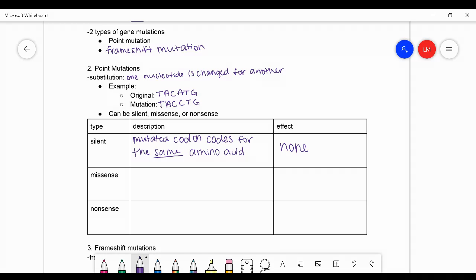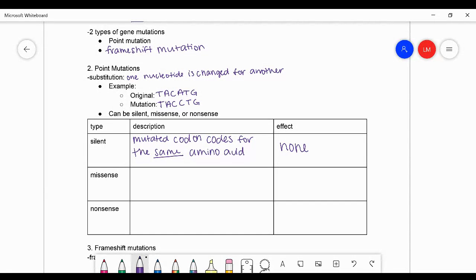We know that there are only 20 amino acids and 64 combinations. And for some of those, like proline, for example, there were 4 different codons that can give us that amino acid. So if there is a change, but it still gives us the same amino acid, we call that a silent substitution because it gives us no effect. It's the same amino acid, so our protein is still going to be the same.